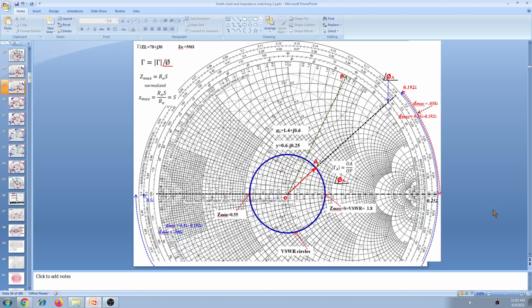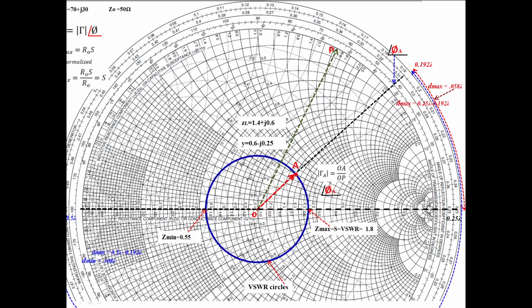Okay, in the earlier class, we were discussing how to use a Smith chart to find VSWR and reflection coefficient. For any given load, we can find the reflection coefficient.